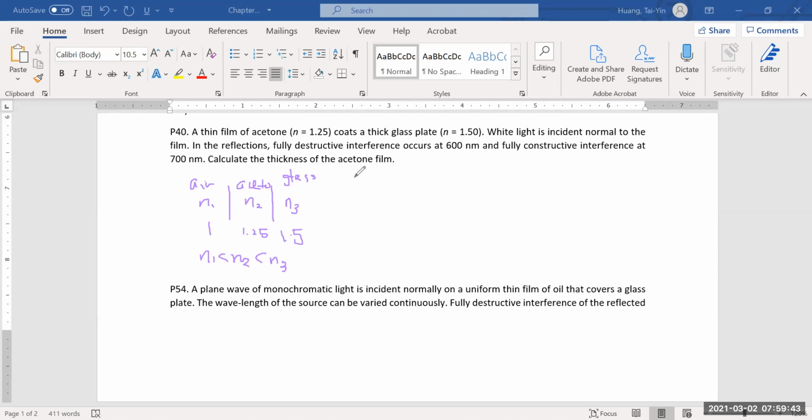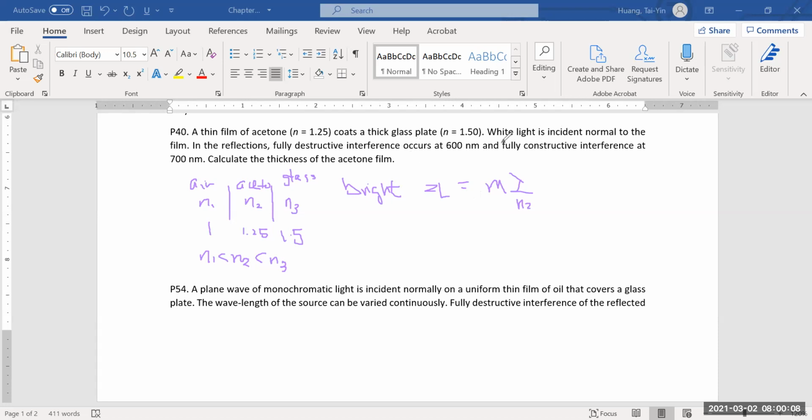So for the bright fringe, this is the equation: 2L equals M times lambda over N2. And for dark, that'll be 2L equals (M + 1/2) times lambda over N2.